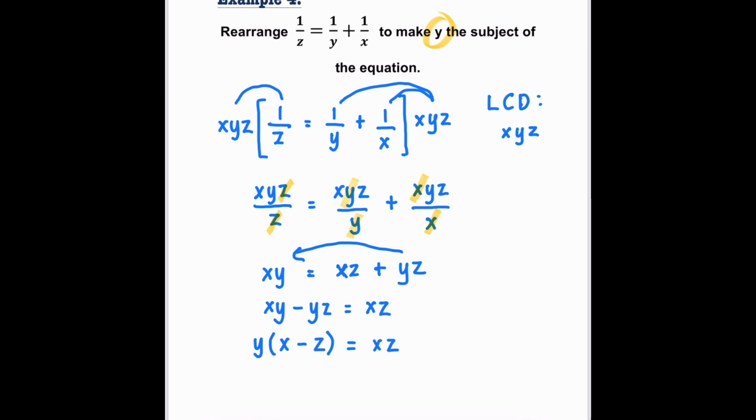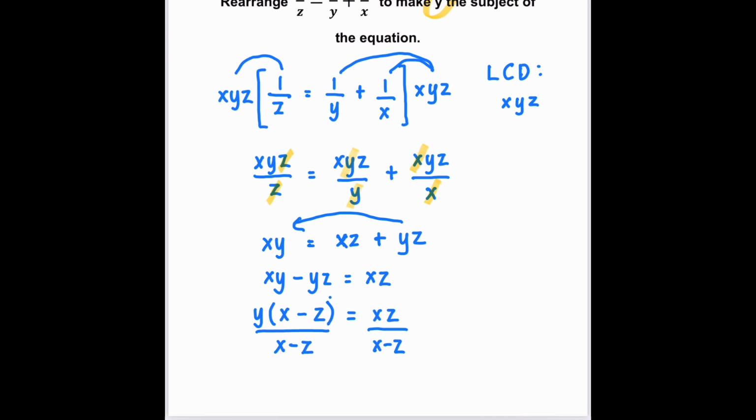The last step is dividing by x minus z. So x minus z divided by x minus z is 1, or 1y, or y, equals, we just simply copy everything on the right-hand side because that's already it. All right, that's the answer.